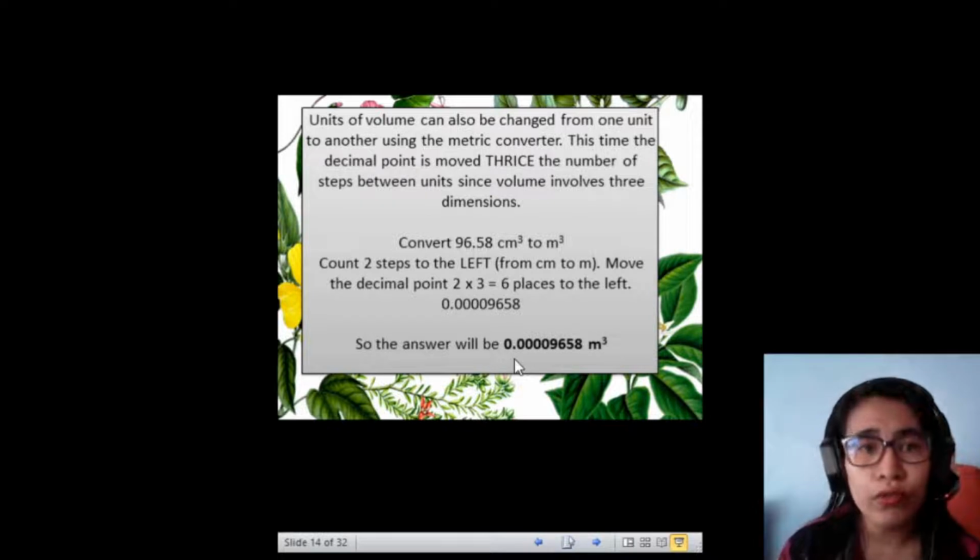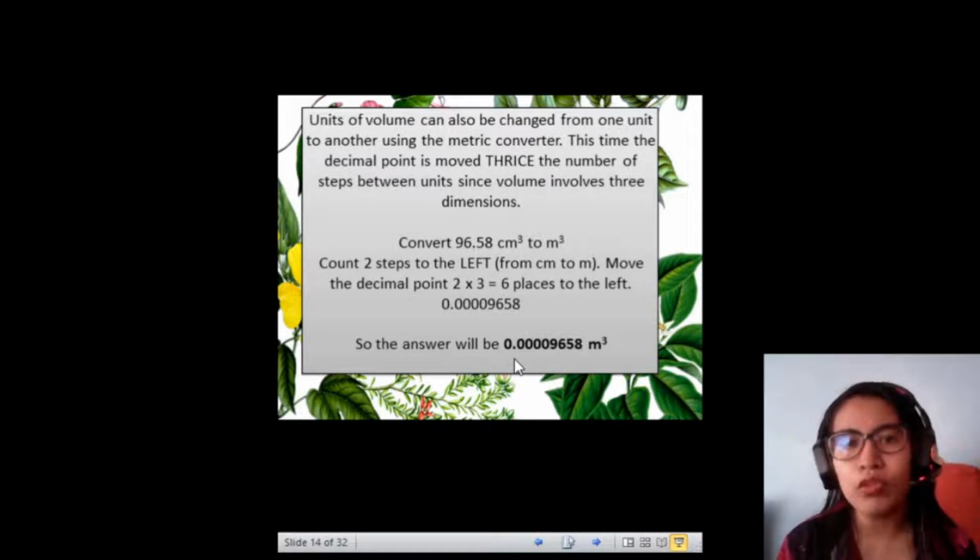So, to convert 96.58 cubic centimeter to cubic meter, we all know that we need to count 2 steps to the left. Move the decimal point 2 steps to the left, but it says we need to do it thrice. So that 2 steps will be multiplied by 3.